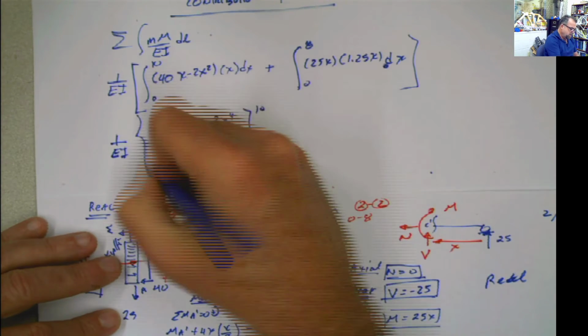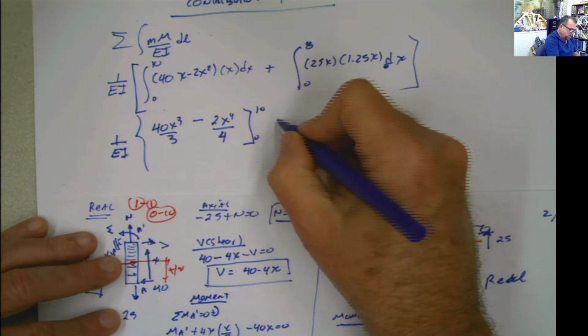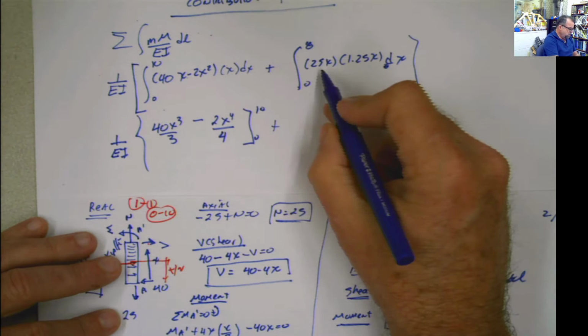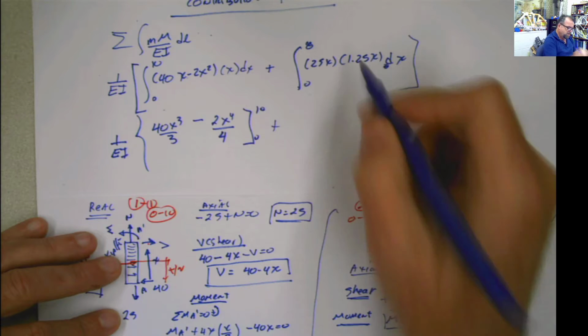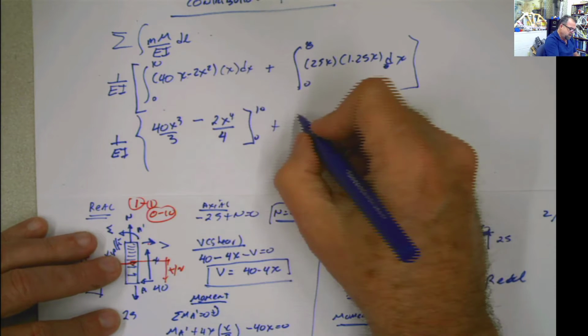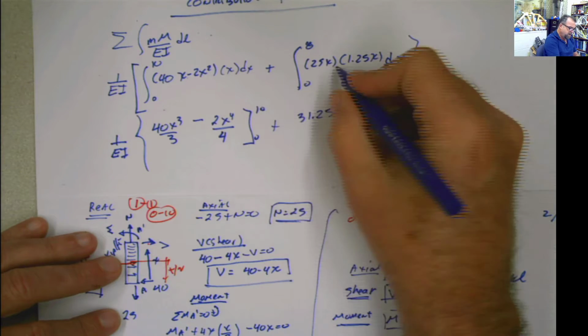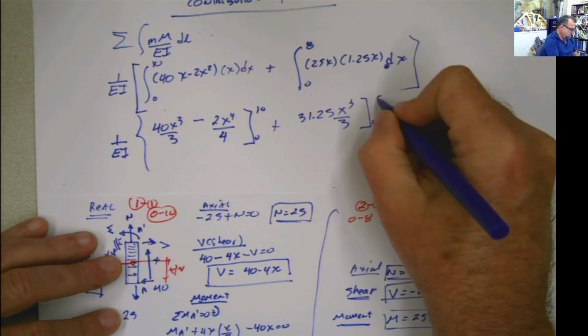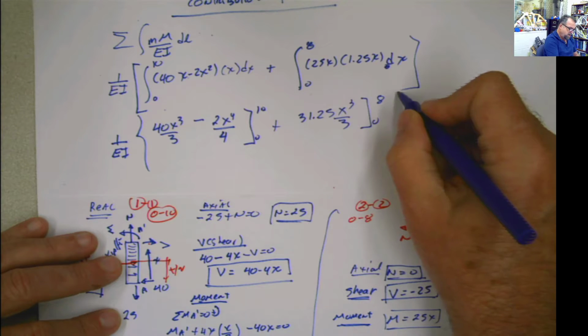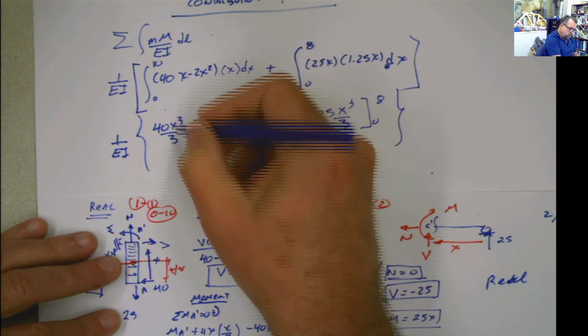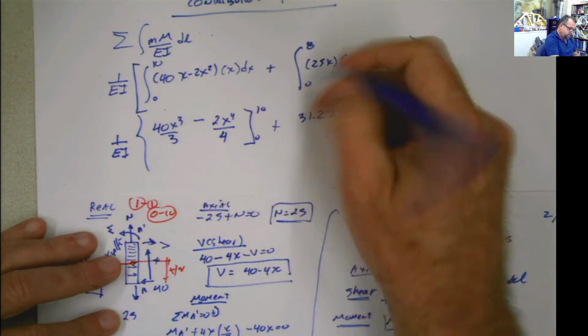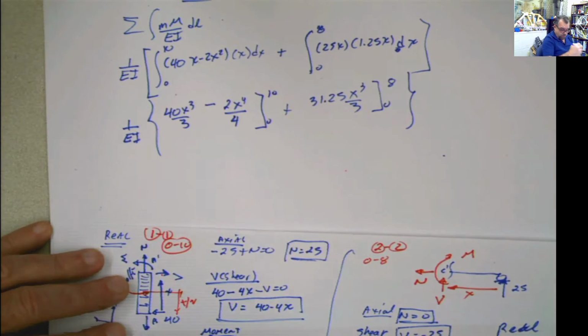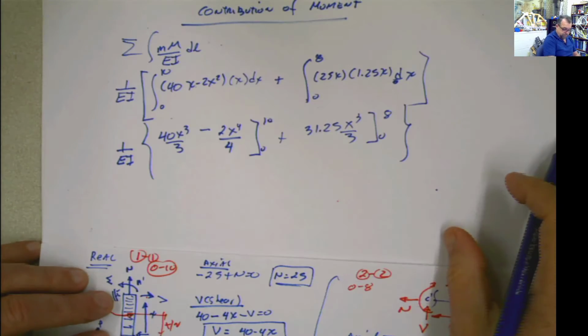1 over EI is constant. Plus this part, which is just 25 times 1.25 is 31.25. 31.25 x squared means x to the third divided by 3 from 0 to 8. Important thing here, and now you put 10 here. I'm gonna do it just for this one. I'm not gonna do it for the axial and for the shear.